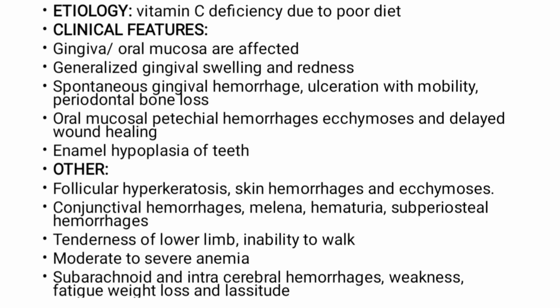Now, what is the cause? It is basically poor diet. The clinical features affect the gingiva and oral mucosa: generalized gingival swelling and redness, spontaneous gingival hemorrhage, ulceration with mobility, and periodontal bone loss.